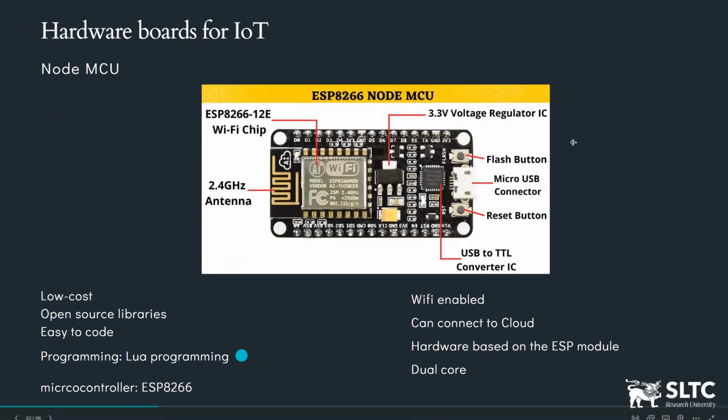Its programming is done using the Lua programming language, and its microcontroller is based on the ESP8266, right? So this has a Wi-Fi enabled module such that you can connect to Wi-Fi using this. And then it has two processing cores, so you can do the processing fast in this microcontroller.